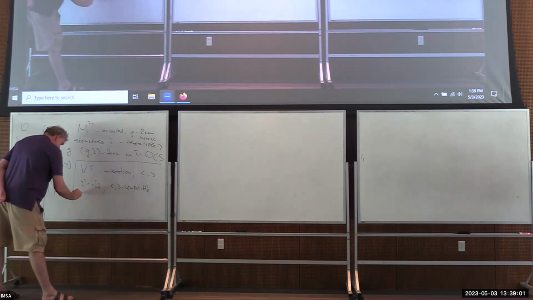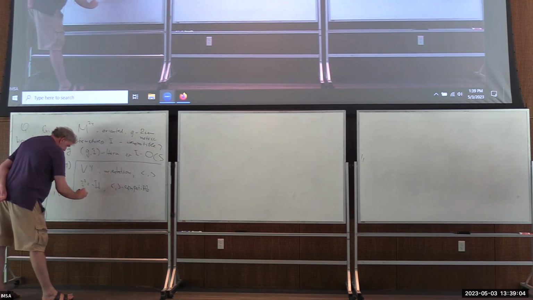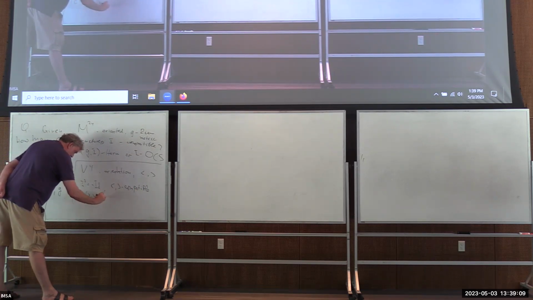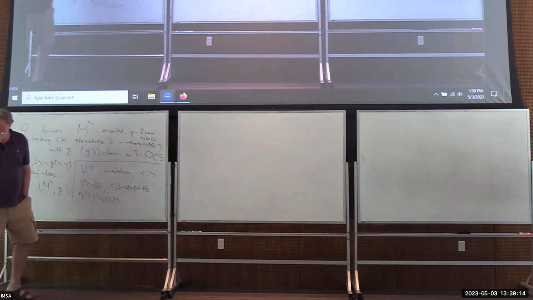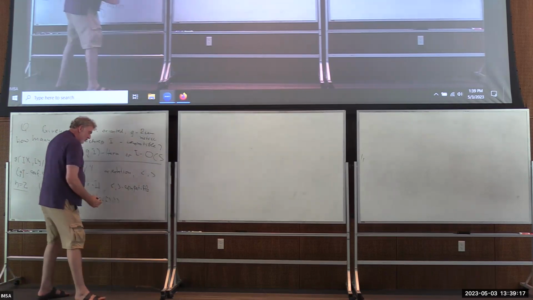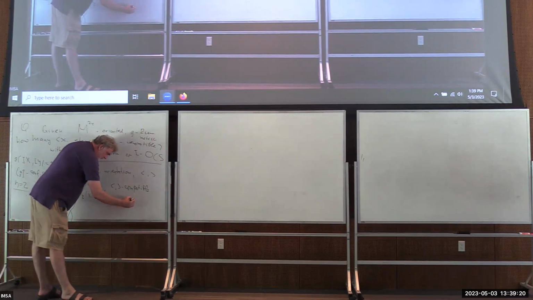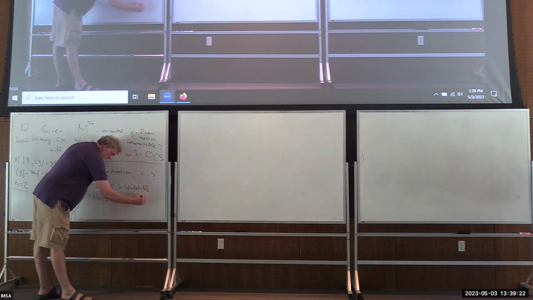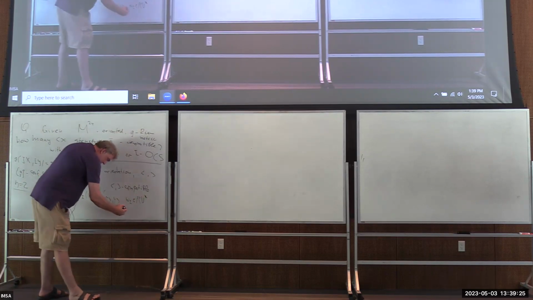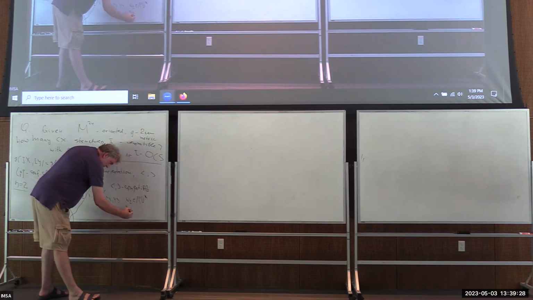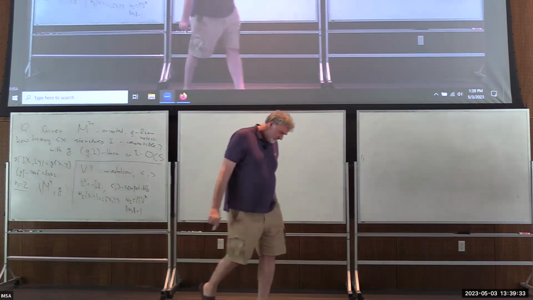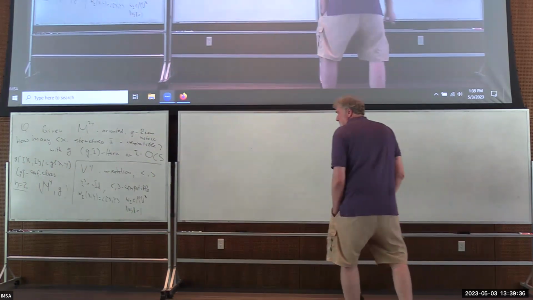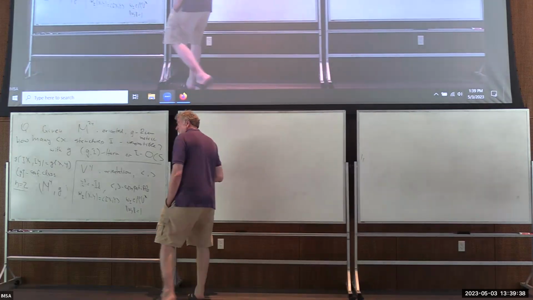But in any case, I'll use that orientation later on. For the fundamental form, what one knows is that this is a two-form. It has norm, in an appropriate sense, one, in another sense, two, depending on how we define it.